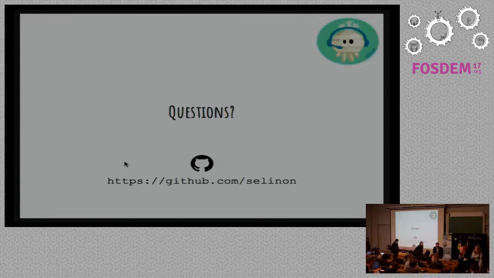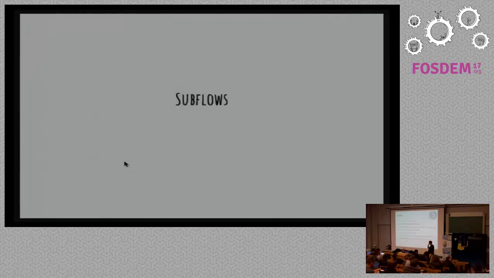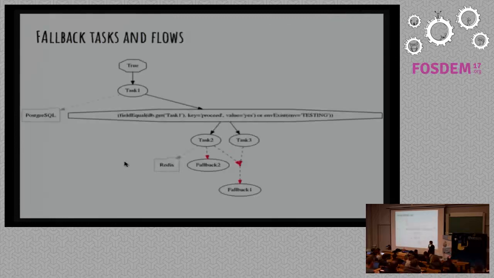On the failures and fallbacks that you were showing, you said you had if tasks 2 and 3 fail, fallback 1, if task 2 fails, fallback 2. So if task 2 finishes before task 3 and fails, will it go to fallback 2 or will it wait for 3 before it decides?